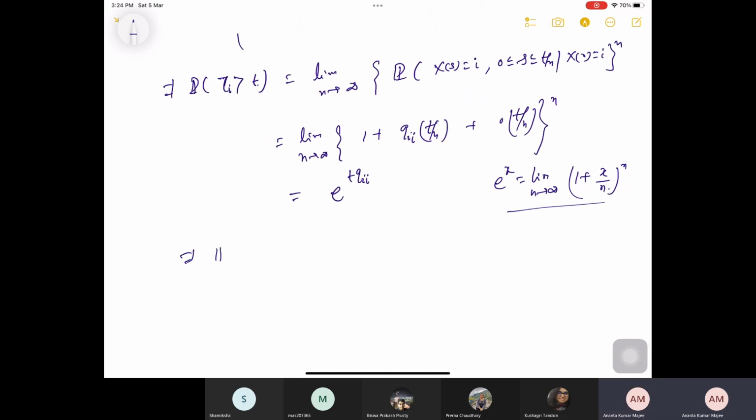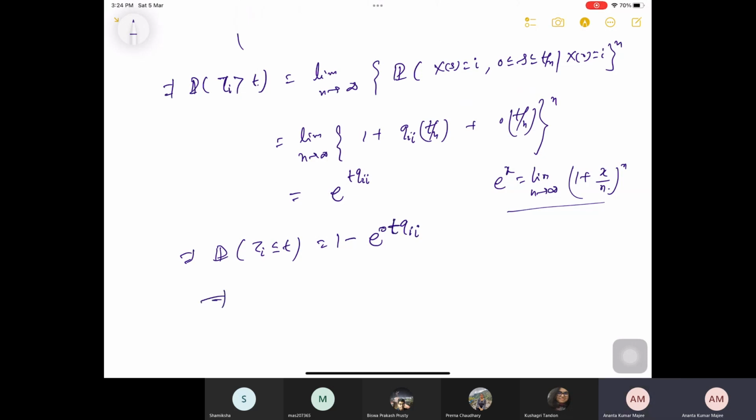So this implies the probability that tau i is less than or equal to t, which is the distribution of tau i, is 1 minus e to the power t q_ii. Okay.